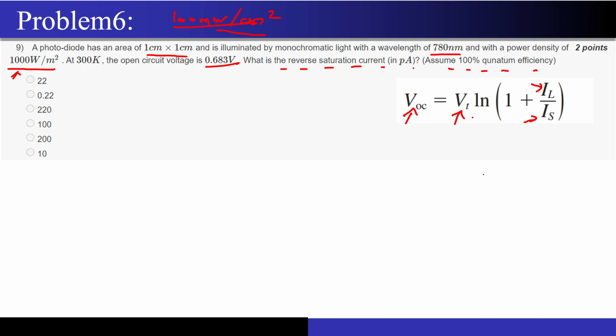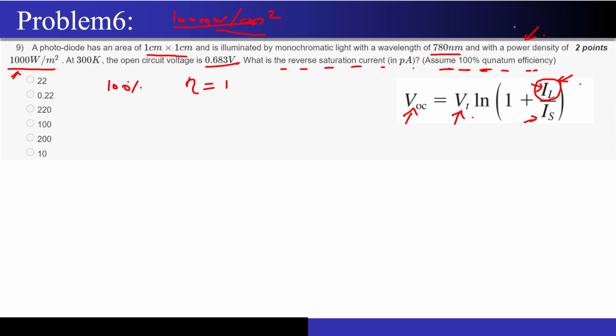So to calculate the reverse saturation current, I have to find this load current first. How can I find the load current now? This load current is nothing but the photocurrent that is being generated, correct. So they have given me one hint: assume 100% quantum efficiency. That means my eta is equal to 1. Also they have given me the power density number.